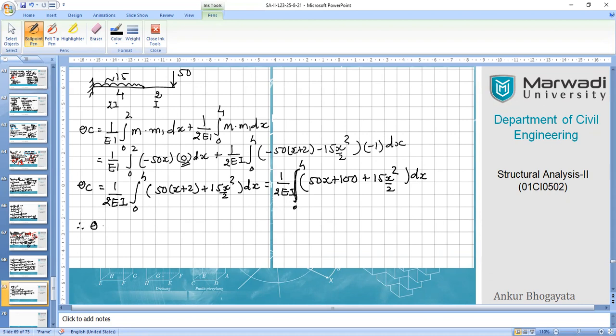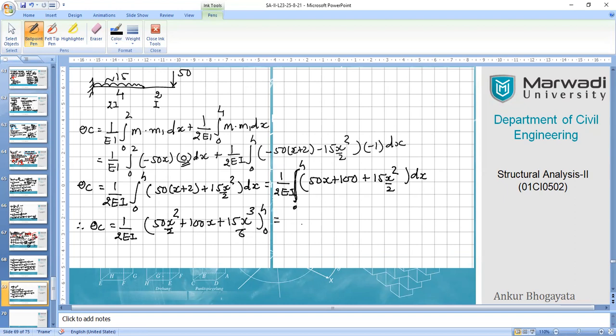So theta C, let's write down. Now we can integrate it. Yes, 1 upon EI, 50x square by 2 plus 100x plus 15 times x cube upon 6. Limit of integration is 0 to 4.